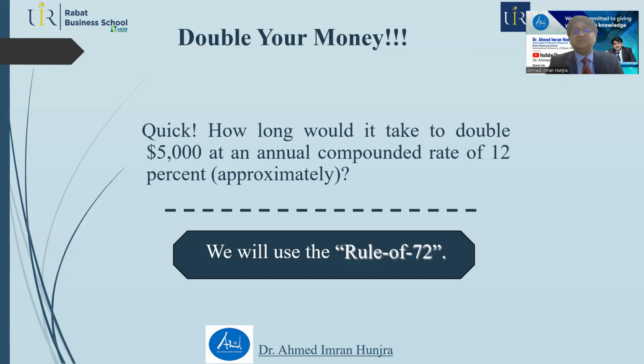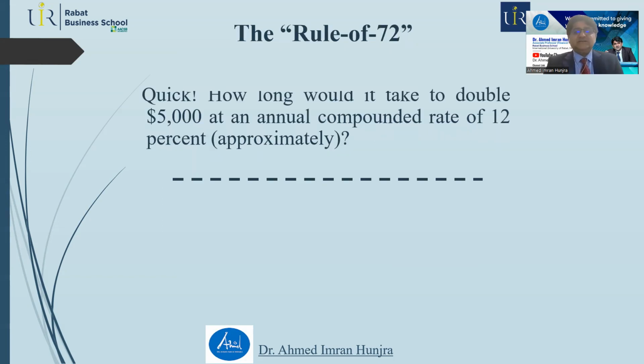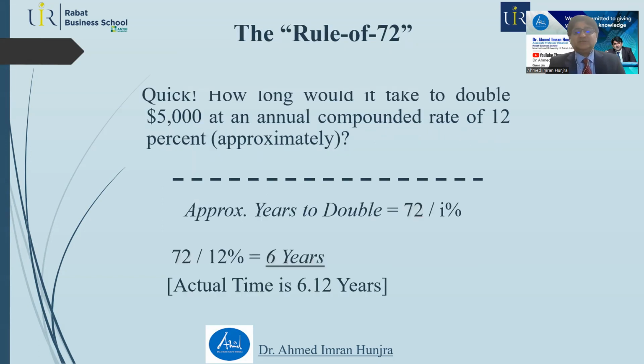We can solve this question through the formula which we discussed in the last two slides, or we can use the rule of 72, and as I explained, it can be applied if the future value is double the present value. I hope you understand how we can solve this example.